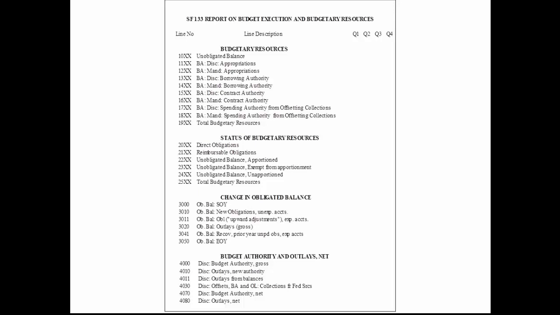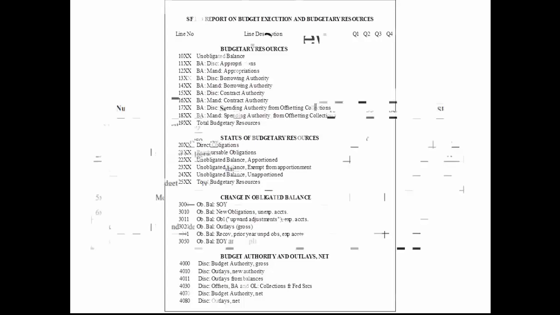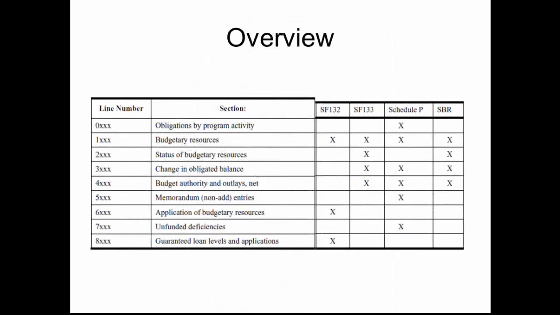Before we get into more detail on each section, let's take a look at this chart from Appendix F of OMB Circular A-11. This chart provides an overview of the line numbers in Appendix F for the SF132, or apportionment, the SF133, Schedule P, or Program and Financing Schedule, and the Statement of Budgetary Resources, or SBR.